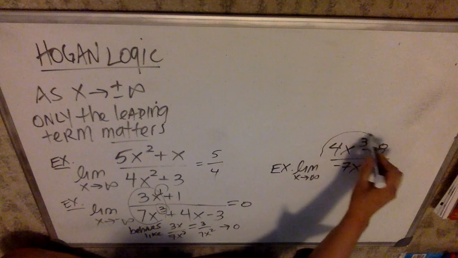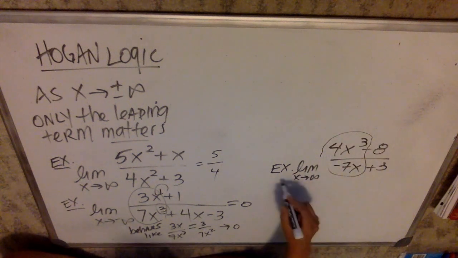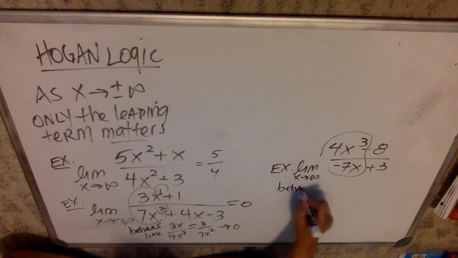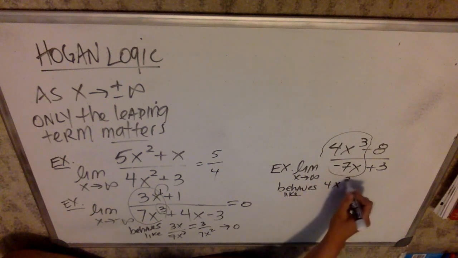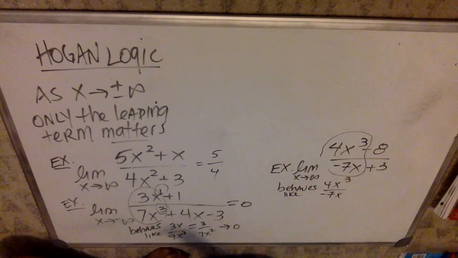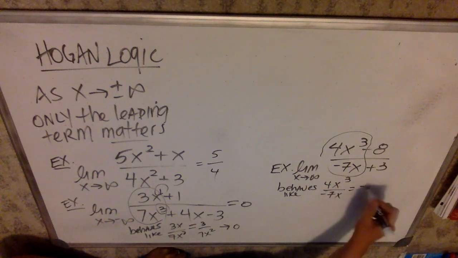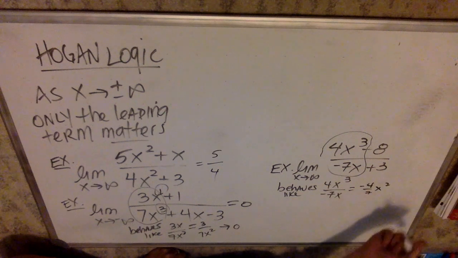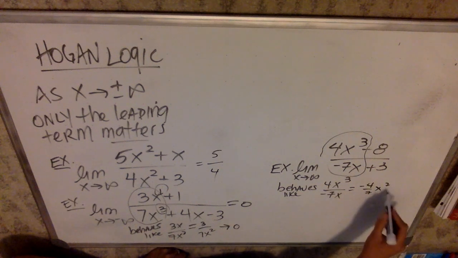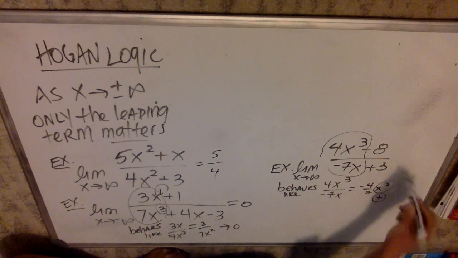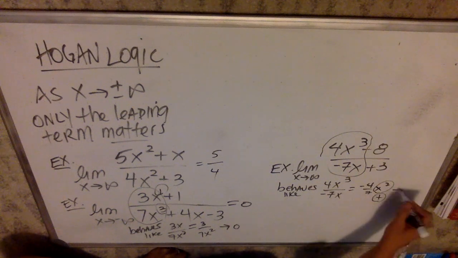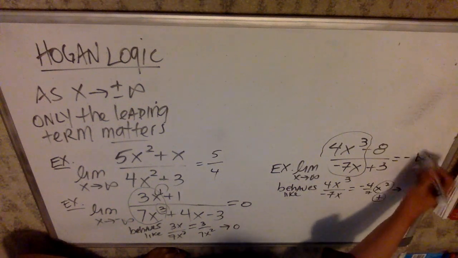If only the leading terms matter, this behaves like 4x cubed over negative 7x. It behaves as if the other terms are too small to matter, which would mean this behaves like a negative 4/7 times an x squared. Well, if you plug in a number, this is going to come out positive, this is going to come out negative, so this thing is going to negative infinity.